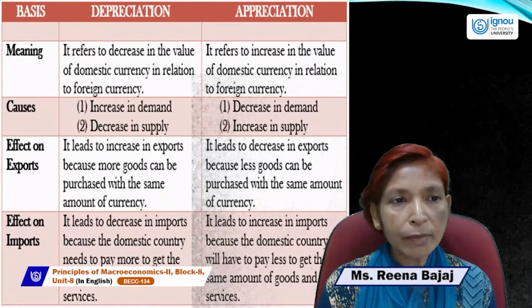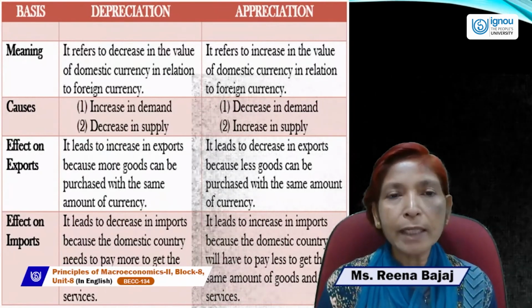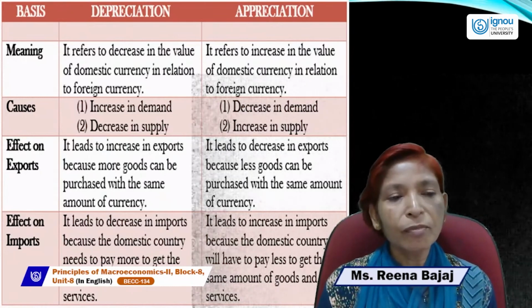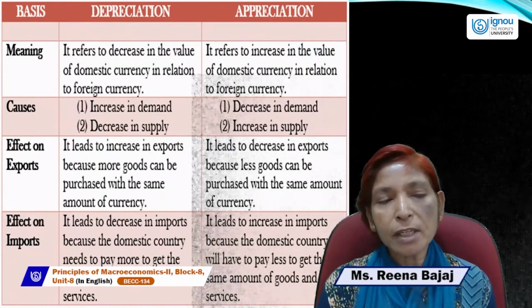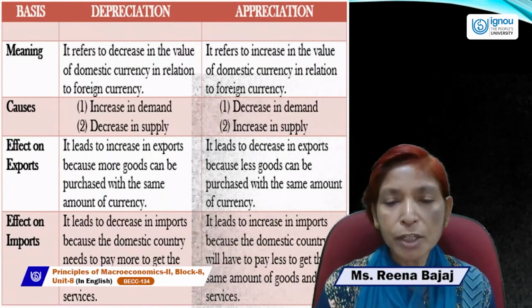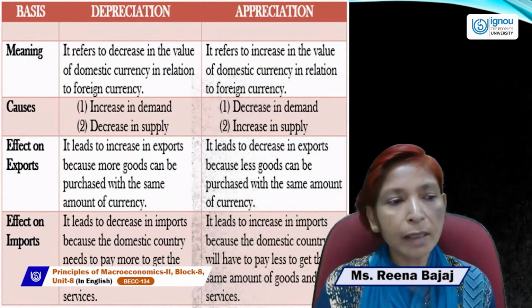Causes: what are the causes of depreciation? If demand increases and supply decreases, then depreciation will occur. And appreciation causes a decrease in demand. If the currency value appreciates, then demand will decrease and supply will increase.